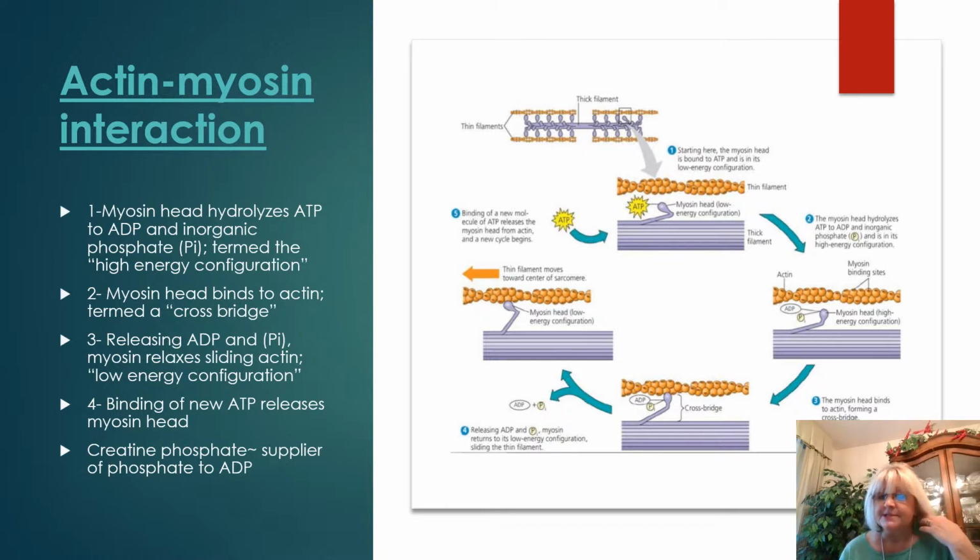And this is where the myosin head binds to the actin, forming the cross bridge. And then continuing up, you will see the release of ADP. And then the thin filament will move towards the center of the sarcomere. And then the binding of the new molecule of ATP releases the myosin head from the actin, and a new cycle will begin.